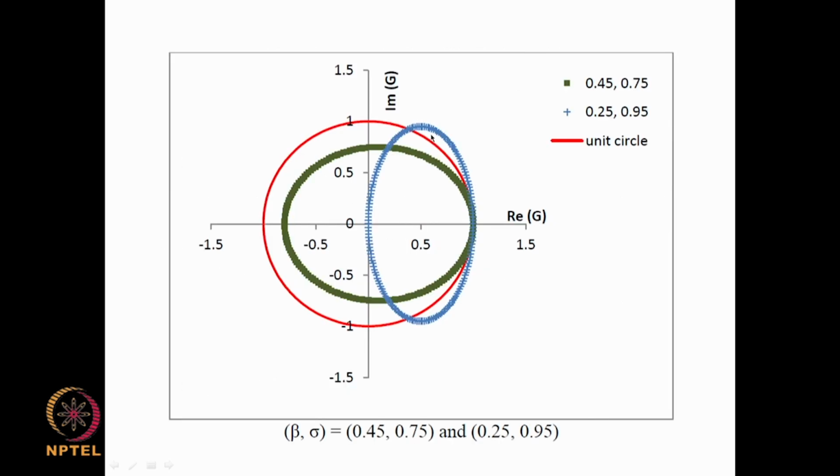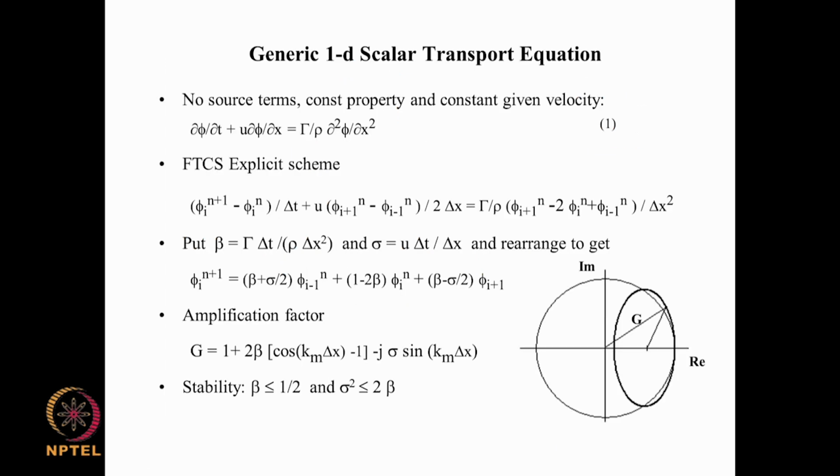So, what we have been able to establish from this analysis is that when we have a scalar transport equation, we can find a conditionally stable solution under the condition of sigma square less than 2 beta. If this condition is satisfied, we can get a stable scheme, and we can also show that this scheme is consistent.